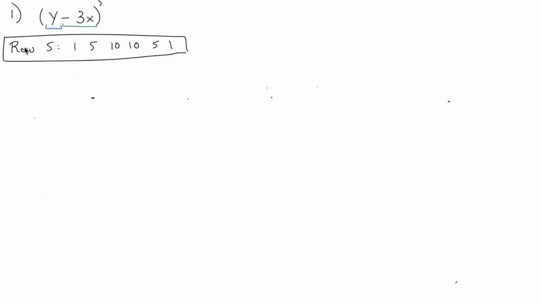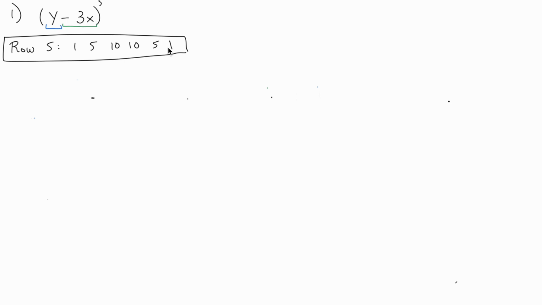So the exponent always tells me the row number. So here I am in row number 5. The exponent is telling me go to row number 5. If I go to row number 5 in the Pascal's triangle, I can see that the numbers in that row are 1, 5, 10, 10, 5, 1.